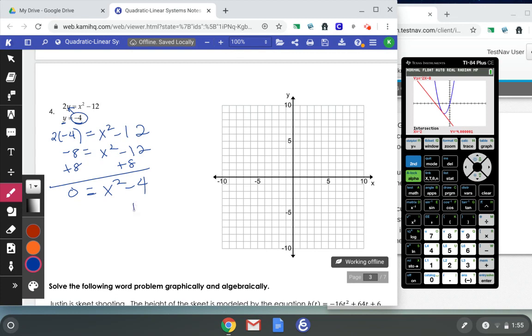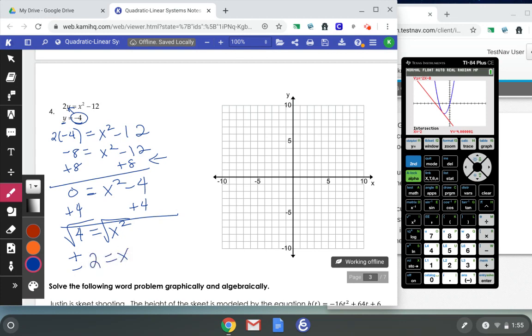I am going to add 4 to both sides. I guess I could have done this up here, but I didn't notice. So I get 4 equals x squared. I'm then going to take the square root of both sides. So positive and -2 equals x.